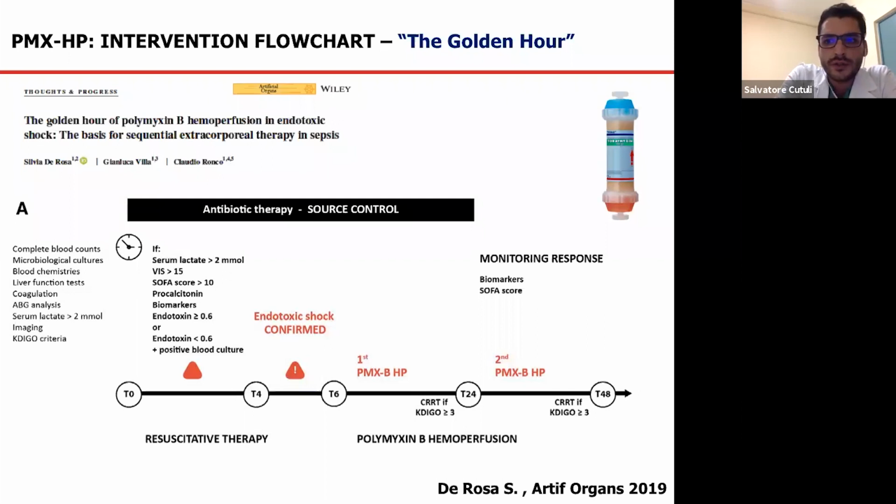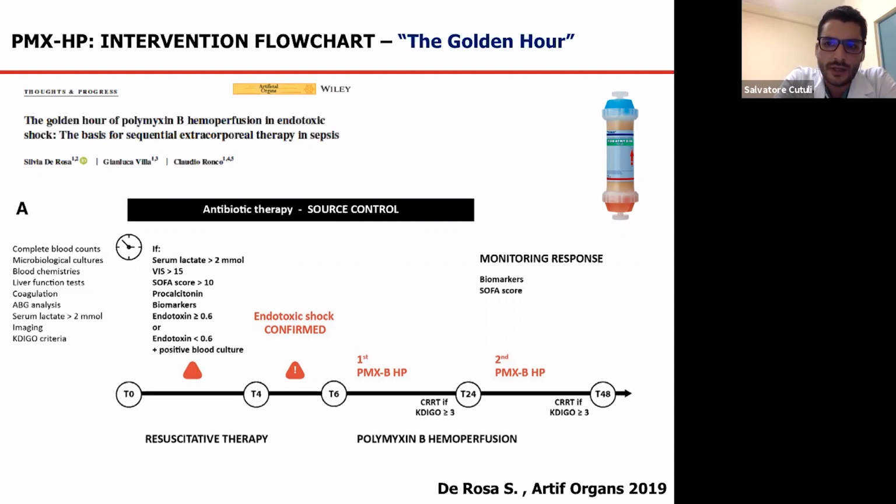So according to these results, we concluded that there may be a role of endotoxin removal by polymyxin B hemoperfusion in clinical practice. Dr. De Rosa and Professor Rombo suggested an algorithm to place polymyxin B hemoperfusion in daily practice.